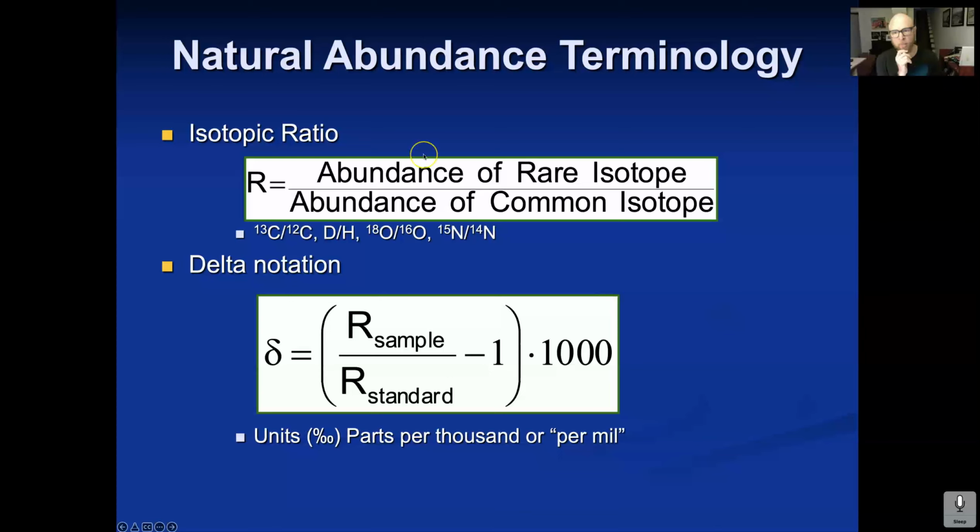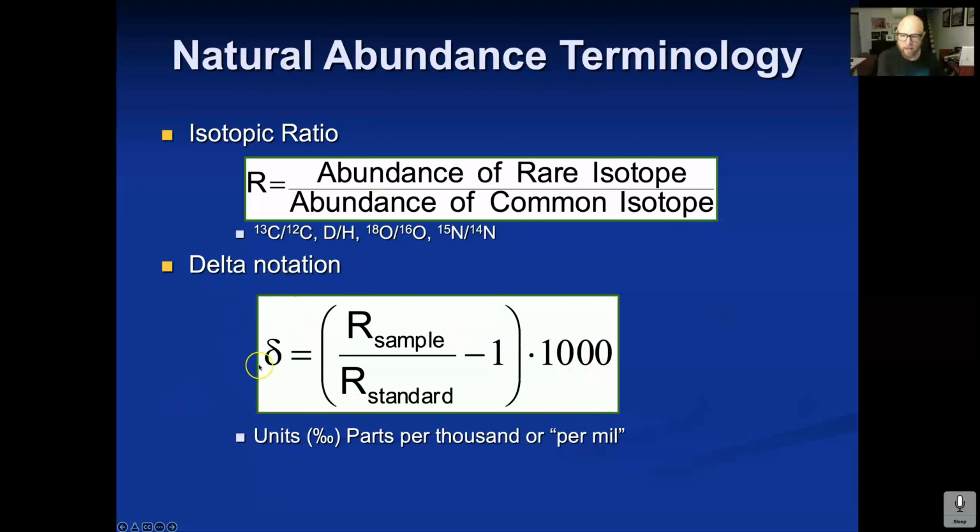So if we're talking carbon, carbon-13 is the rare isotope, and you divide that by the abundance of the common isotope, which is carbon-12. So this is what you get when you measure some tissue. You can take a leaf and combust it. It breaks all of the elements in that tissue into their individual components, and then you can figure out how much C12 there is and how much C13 there is.